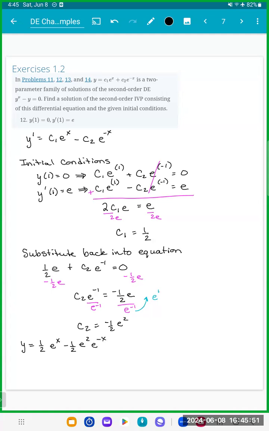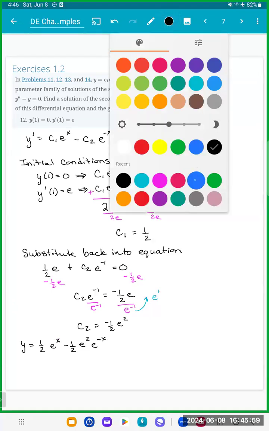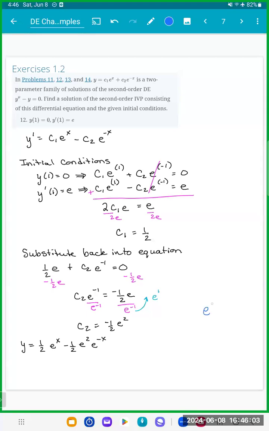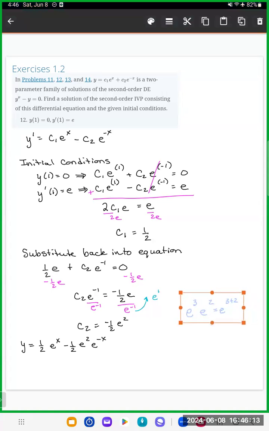And again, as a refresher, anytime you have a multiplication of exponents, I'm adding them together. Let me just give you guys a little tutorial here on the side. So if I had e to the 3 and e to the 2, that's the same as e to the 3 plus 2, which is e to the 5.